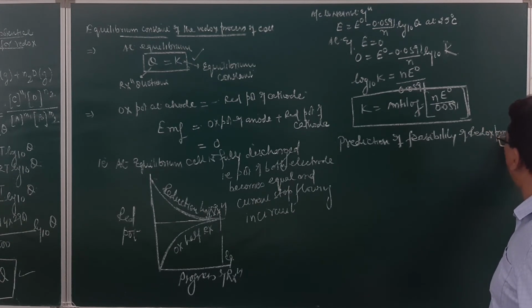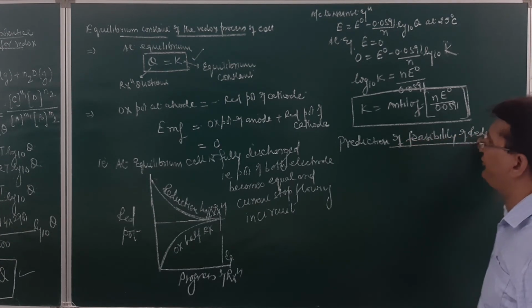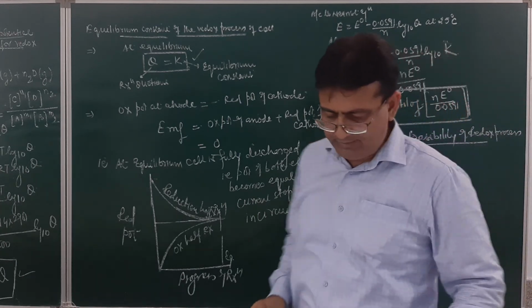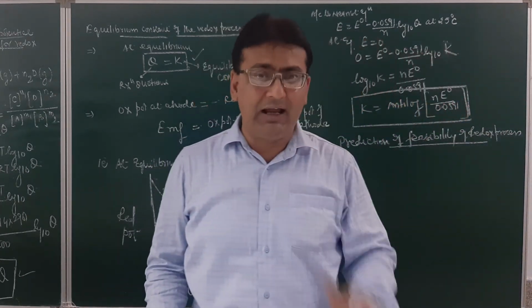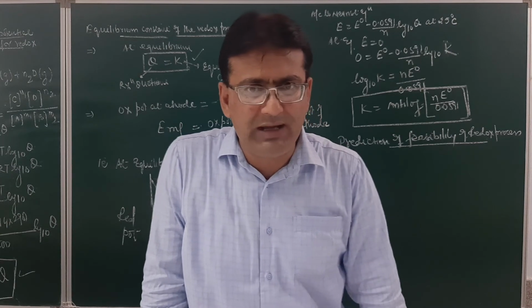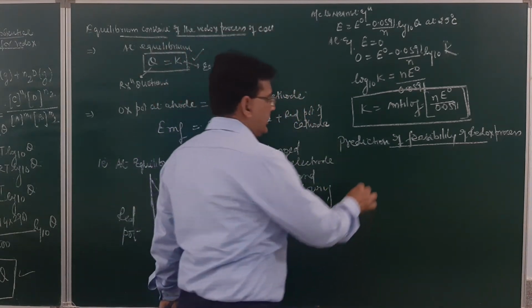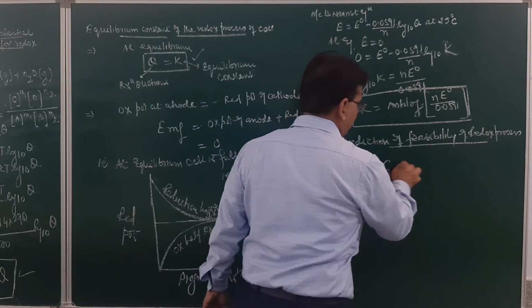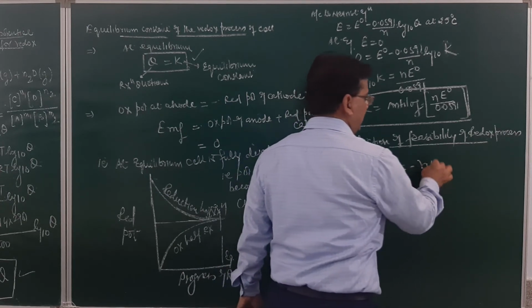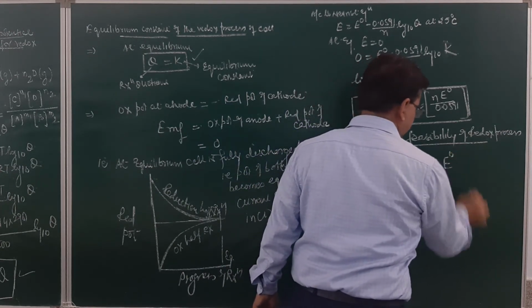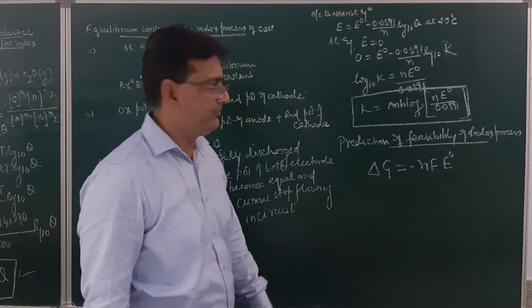What will be the prediction for the feasibility of a redox process? Student, always remember, for the feasibility of a cell reaction, delta G has to be negative. Delta G is equal to minus n into F into E naught. E naught is what? EMF of the cell.